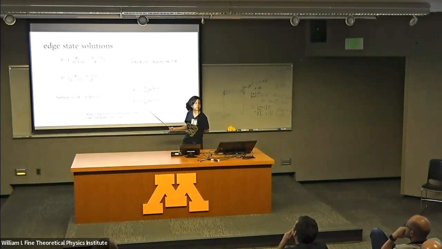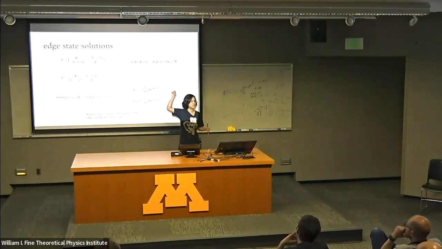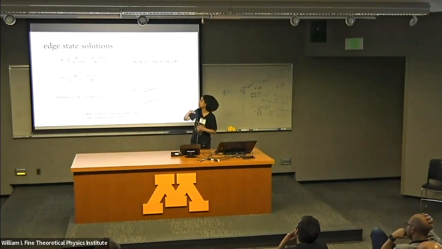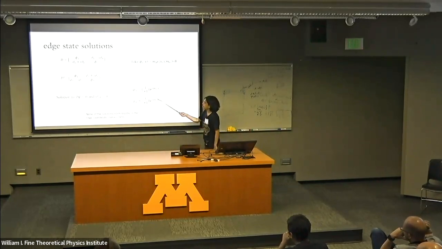What's epsilon? Is that a step function? Sign function, yes. That's not a step, right? You want both sides to be gapped. Oh, sorry, sign function. This goes from -1 to +1. Now, as you expect, these two solutions are not normalizable in the Euclidean time direction because they are not localized in that direction.